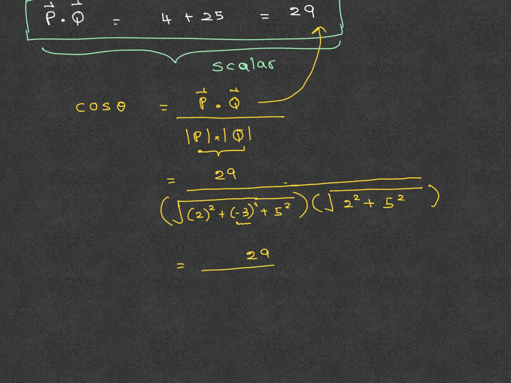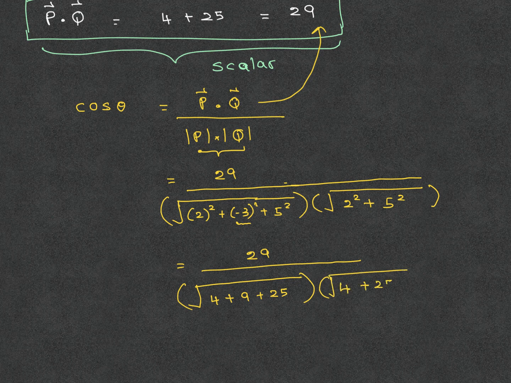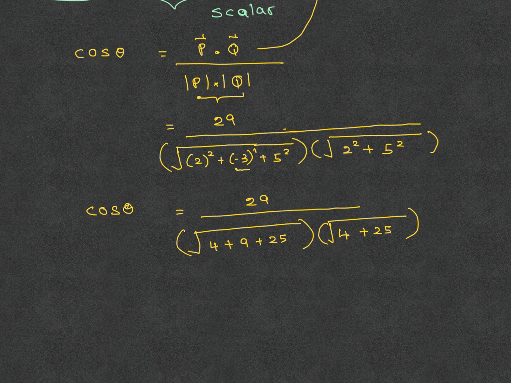Okay, so you got 29 in the numerator, and inside the denominator, in the first square root, you see a 4 plus a 9 and a 25. And then the second one you see square root of 4 plus 25. And then you can find the cosine theta, and once you're done with the cosine theta, you can find theta, the angle, and make sure that you know the mode of your calculator.